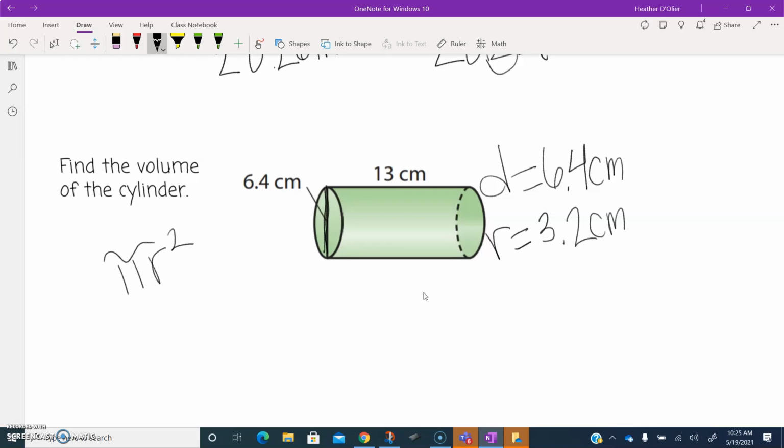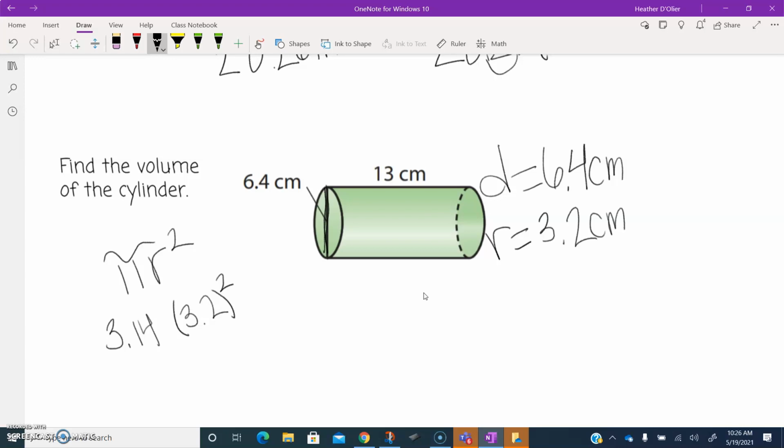So I'm doing pi r squared first. I just want to do 3.14 times 3.2 squared. I don't know 3.2 squared off the top of my head, so I'm using my calculator. 3.2 times 3.2. Really? Yeah, actually that makes sense, 3 times 3 is 9. It's 10.24.